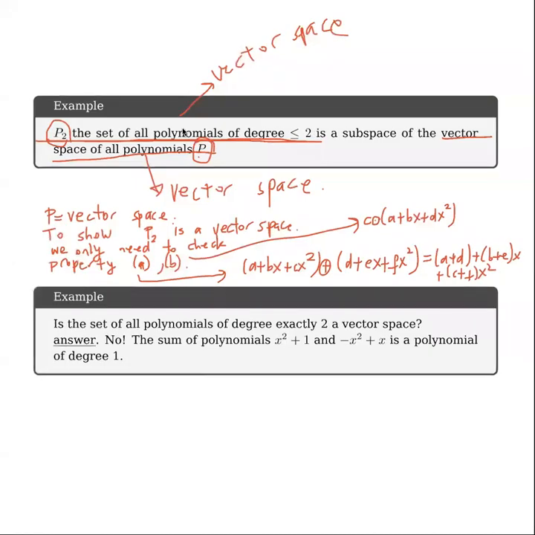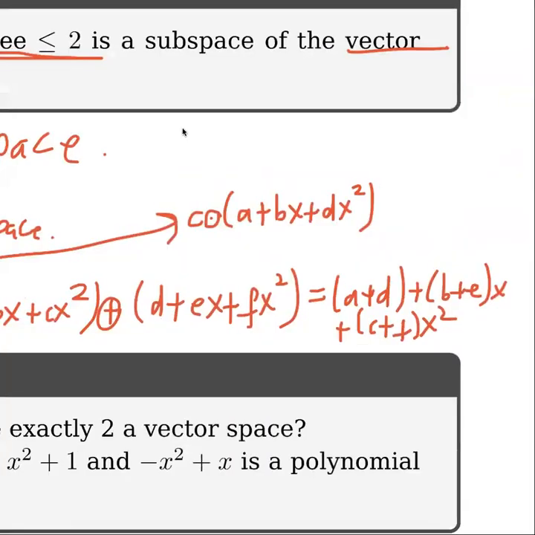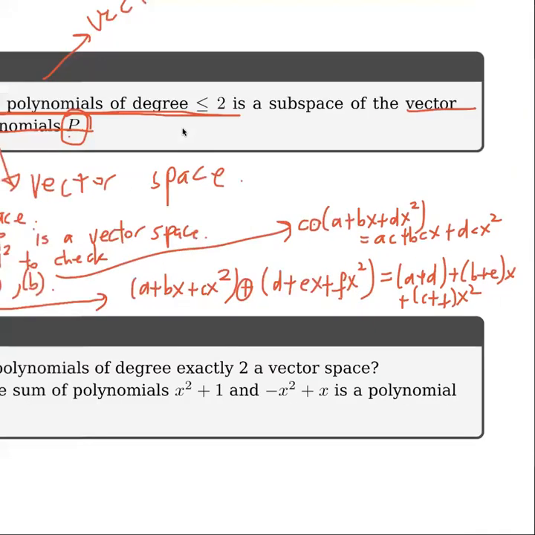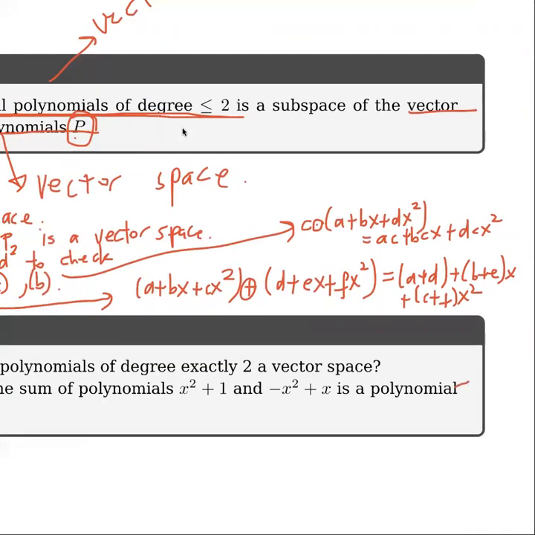So this should be, so what is this? This is ac plus bcx plus dcx squared, okay? So the result is again a polynomial of degree less than or equal to 2.